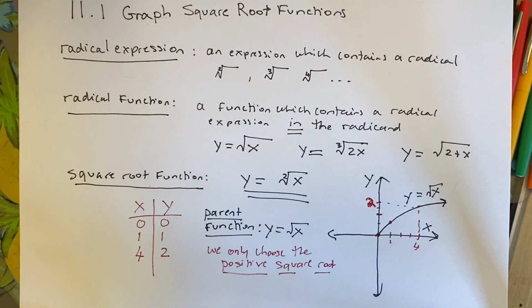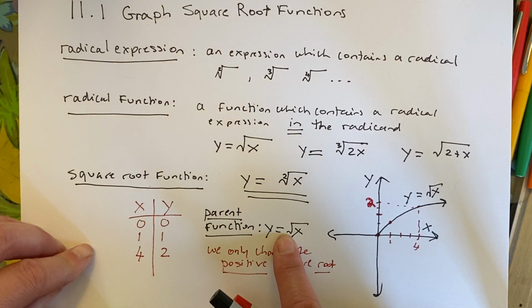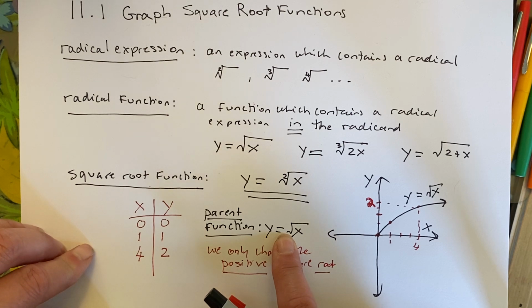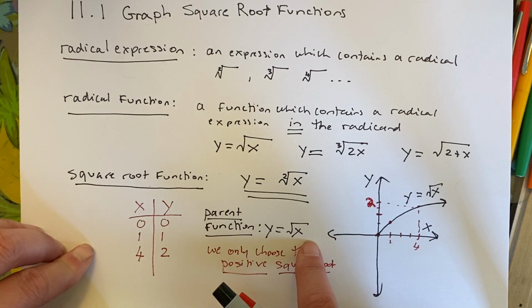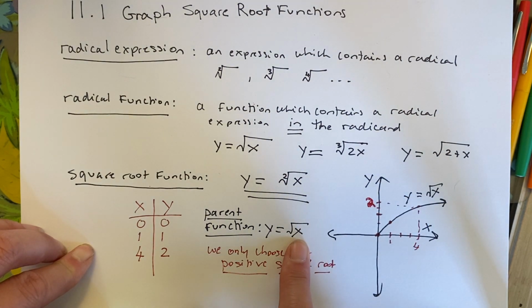So that is what the parent function looks like, and just as with all the other functions, I'm going to go into what happens when we start multiplying this by a number. What happens when we add a number inside the radical like we do here? What if you add one on the outside of the radicand?